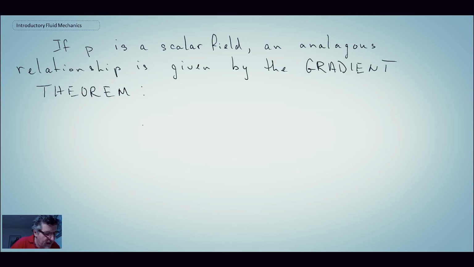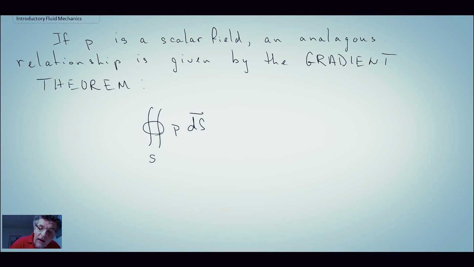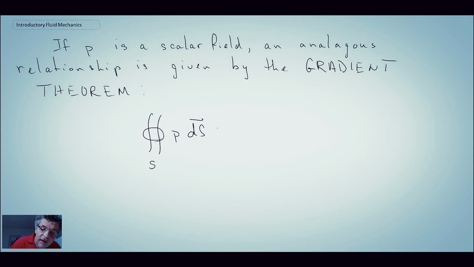And so in this case, if we're dealing with a scalar field, on the left-hand side, we have an area integral, but it's an integral with our scalar over the differential area element dS. And then on the right-hand side, what we end up with is a volume integral. And we deal with the gradient operator of that scalar field multiplied by the volume.